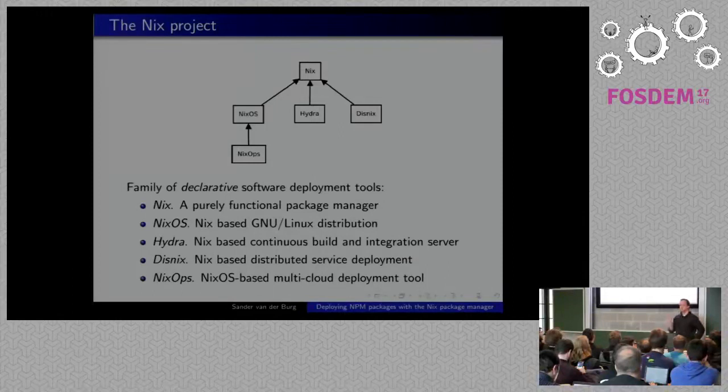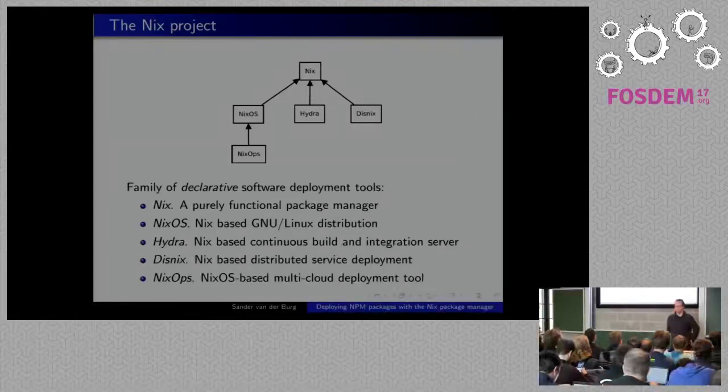So the idea is you write what you want in a declarative specification, and from one single specification you automate the full deployment process. The basis of everything is the Nix package manager, but we have other sub-projects as well, like NixOS, which is a Linux distribution built around that concept.